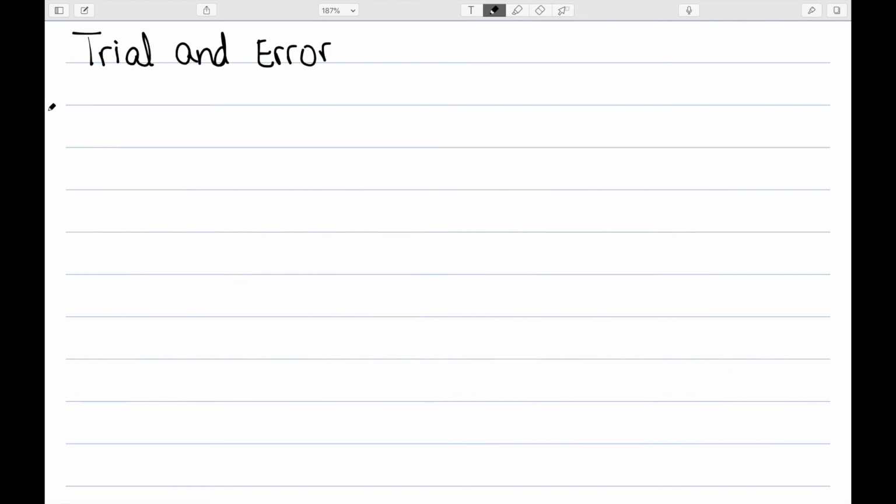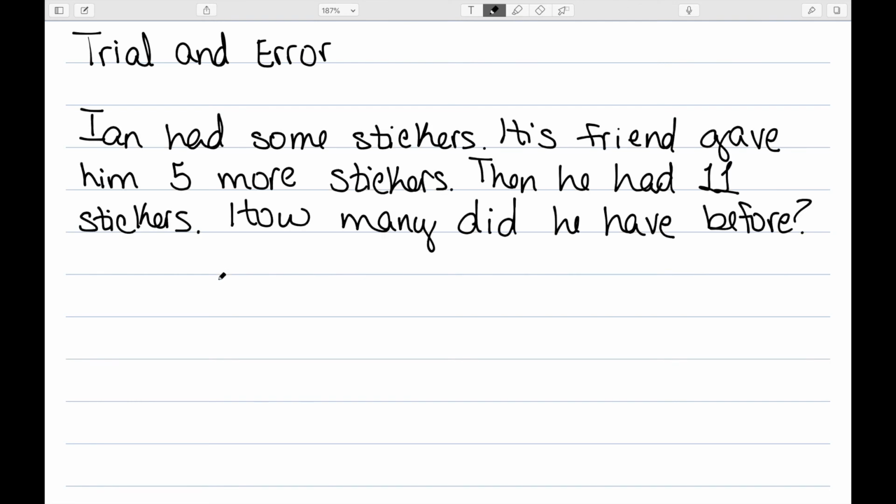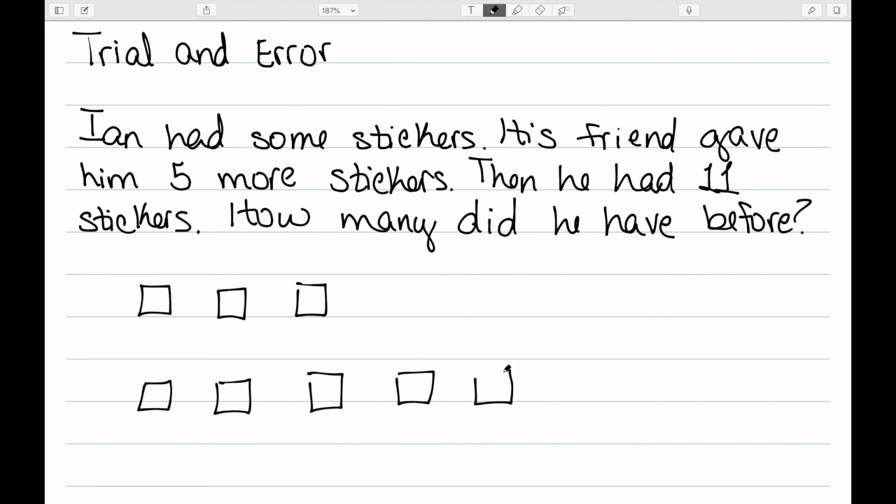The last direct modeling strategy we'll look at is trial and error. Ian had some stickers. His friend gave him 5 more stickers. Then he had 11 stickers. How many did he have before? In this strategy, a student might start with 3 blocks, add 5 more for the 5 that his friend gave, and then count 1, 2, 3, 4, 5, 6, 7, 8.